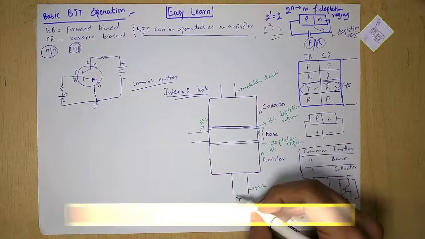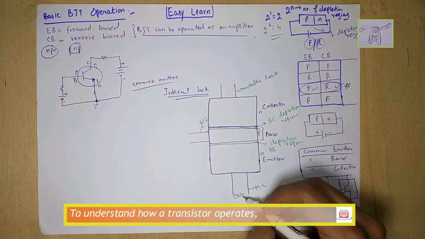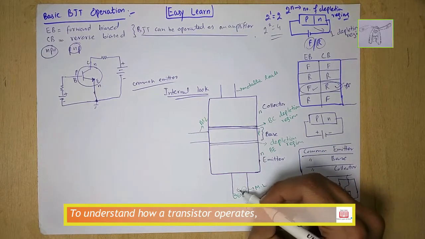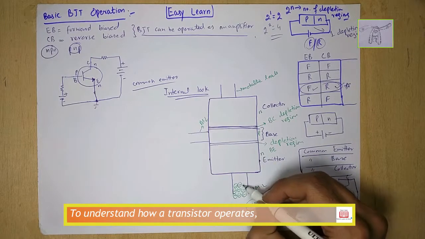When the emitter is connected with the negative source, the electrons come from the negative side.